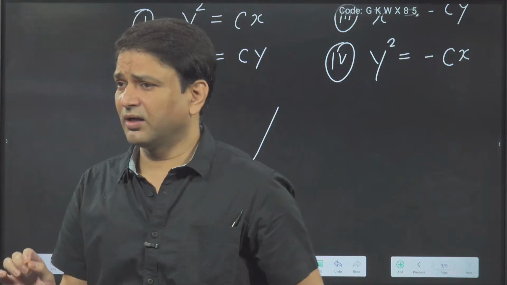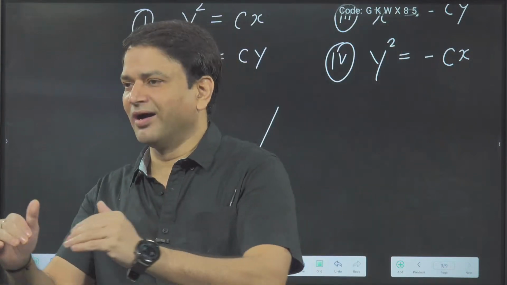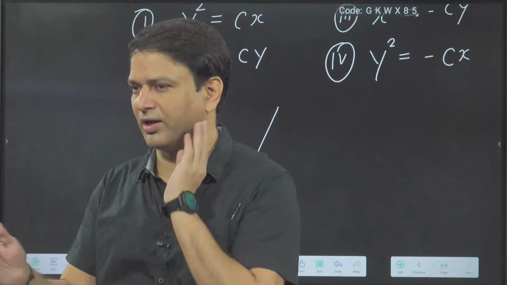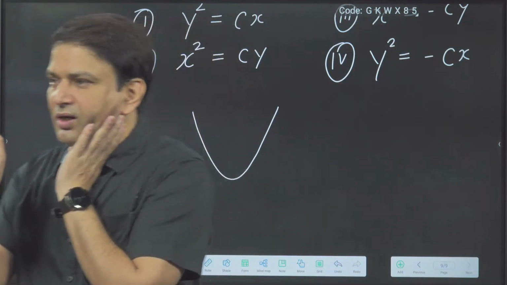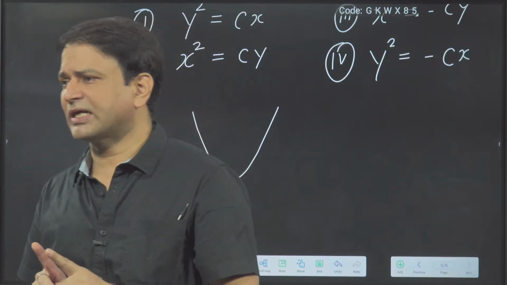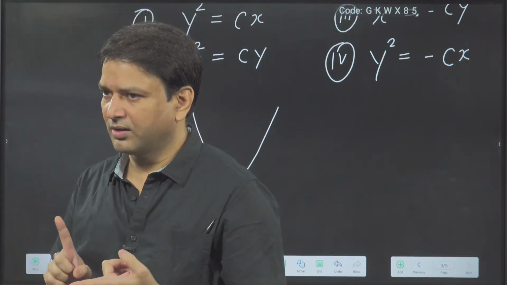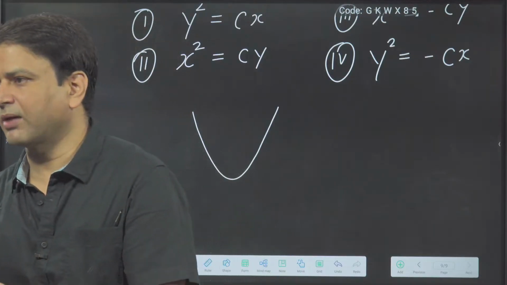Now listen. Akhilesh sir will say a different point in the class. What I am saying is, whatever you want to follow, you can remember both. If the equation contains x square, then it will be symmetric about y.